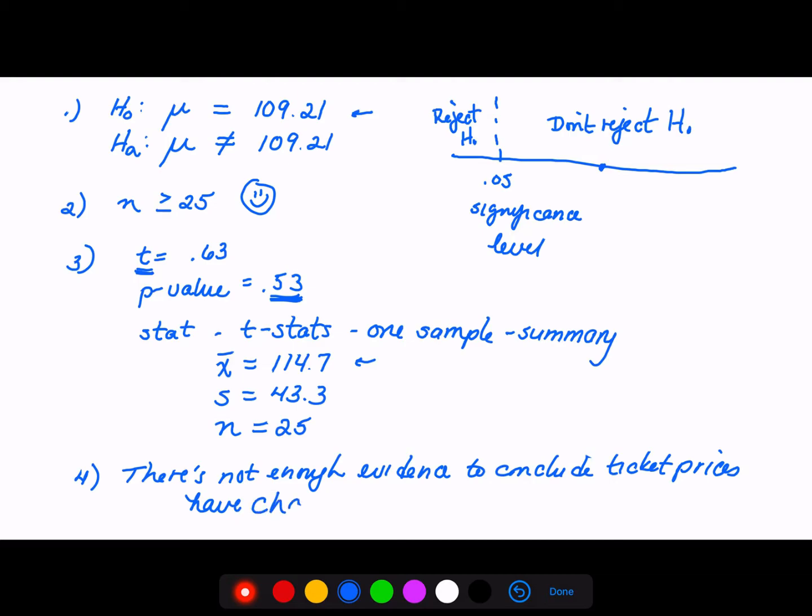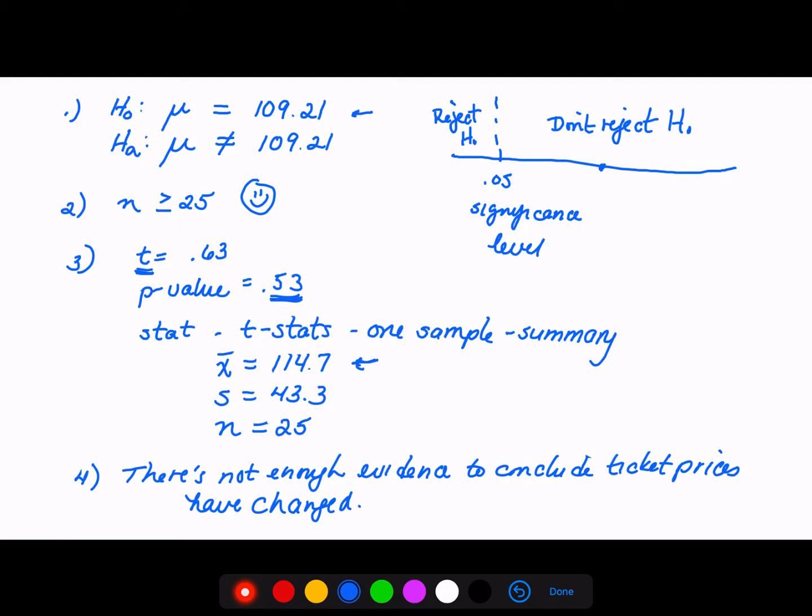Now remember, this is a conclusion about all Broadway shows, about the population mean. We know that the sample mean was clearly different than the population mean, but this sample is not unusual. It doesn't give us evidence that if we were to average all Broadway ticket prices, we would get something that had changed from the previous value.